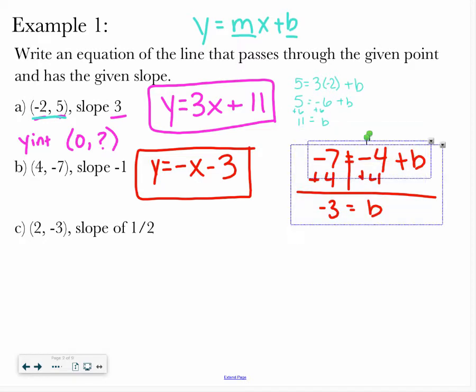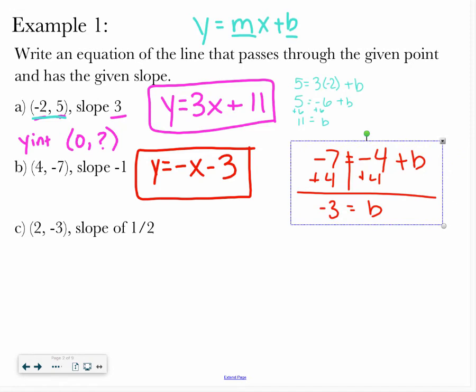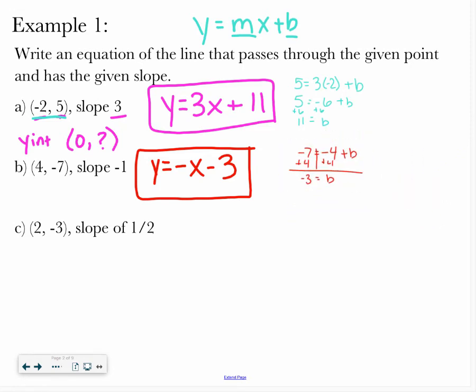And then part C, we have a point of 2, negative 3, and a slope of 1/2. So we start again, y equals 1/2 x plus b. Then over to the side we solve that: negative 3 equals 1/2 times 2 plus b, or negative 3 equals, what's 1/2 times 2?